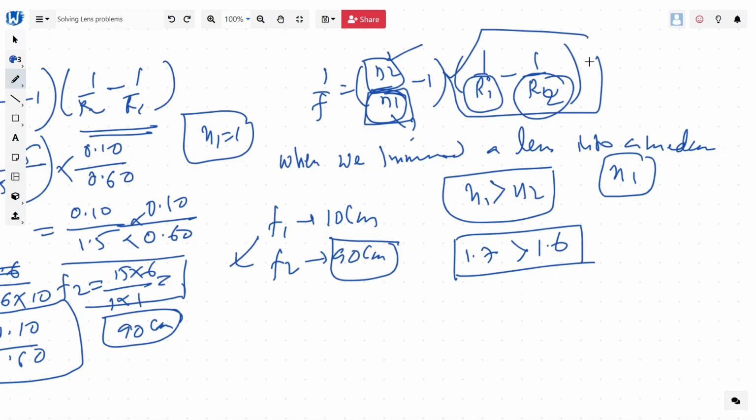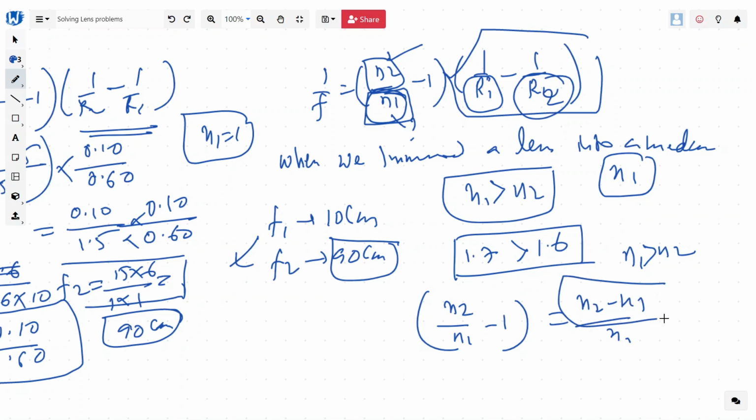Okay, so that is not an issue. Let's look at this one, n2 by n1 minus 1, right? What is going to happen if n1 is greater than n2? So this will become n2 minus n1 by n1, and because n1 is greater than n2, this number is going to be less than 0, which means that focal length will become negative.